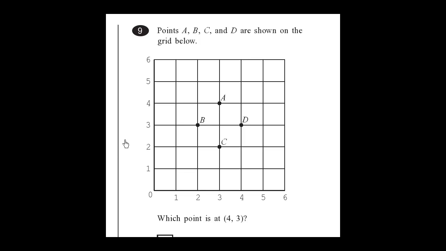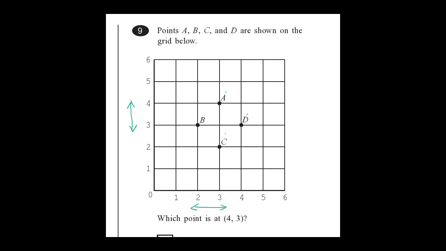So we're given a graph with 4 points, A, B, C, and D, and they're on this grid, which is the graph. And this grid has a line that goes left and right, and a line that goes up and down.